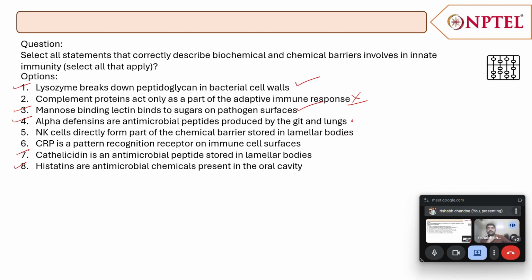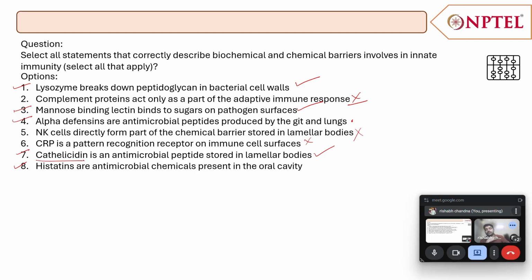NK cells directly form part of the chemical barrier stored in the lamellar bodies? No. CRP is a pattern recognition receptor on immune cell surfaces. Sorry, no, this is also false. Then cathelicidin is an antimicrobial peptide stored in the lamellar bodies. Yes, this is correct.